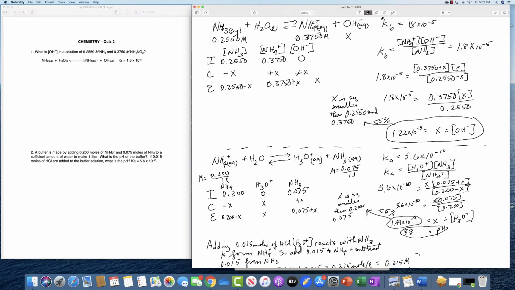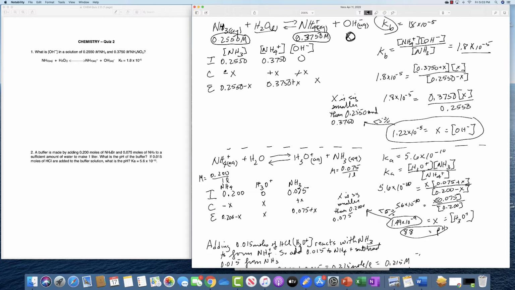The Kb here is 1.8 times 10 to the minus 5, and that represents the concentration of the products multiplied together, divided by the concentration of the reactant, not counting water, of course. You're told that the initial concentration for ammonium ion is 0.3750, the initial concentration for the ammonia is 0.2550, and the initial concentration of hydroxide is 0.